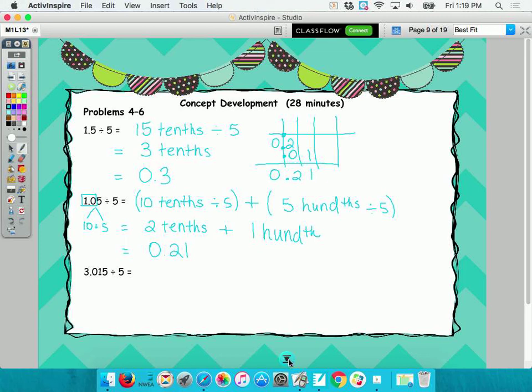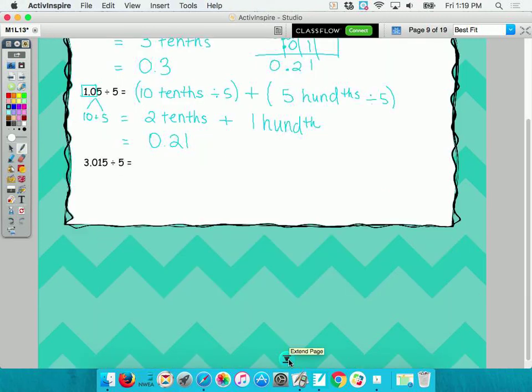Okay, so let's take a look at this next problem. And 5 is still my divisor. How could I break this number apart so that 5 will divide evenly into both parts? Jesse? Wait, never mind. I had it in my head. Okay. Morgan? Move the 0 over to the 3.